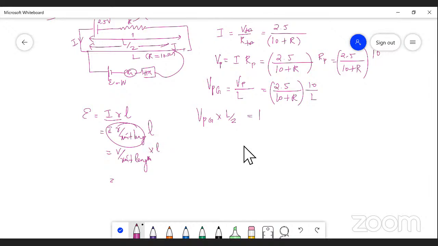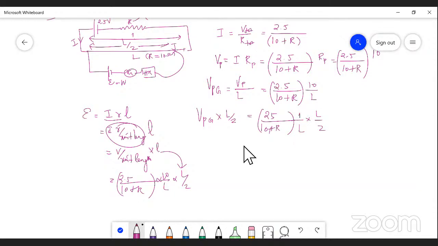So potential per unit length is 2.5 divided by 10 plus R into 10 divided by L, multiplied by balancing length L by 2. So I can write here 2.5 into 10 is 25 divided by 10 plus R into 1 by L into L by 2.